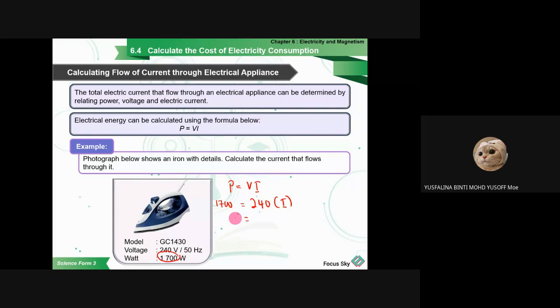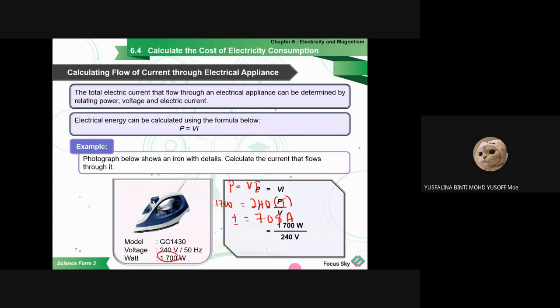Very good, I is 7.08 ampere. Two decimal points is enough. Let's check whether the answer is correct using this formula. Yes, 7.08 ampere.